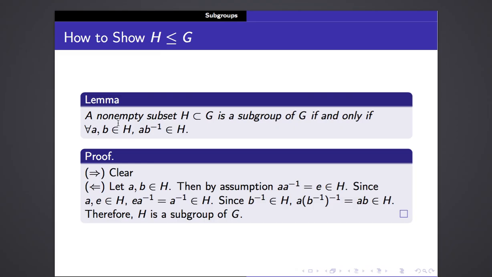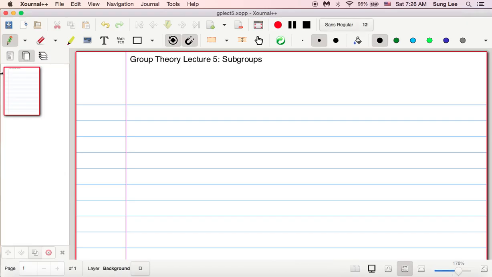Here I should have mentioned that G is a group. So a non-empty subset H of a group G is a subgroup if and only if for any A, B in H, A times B inverse also belongs to H. That's the only thing you have to check. So why is that true? Let's check that. I wrote down the proof here, but let's go to my notepad.